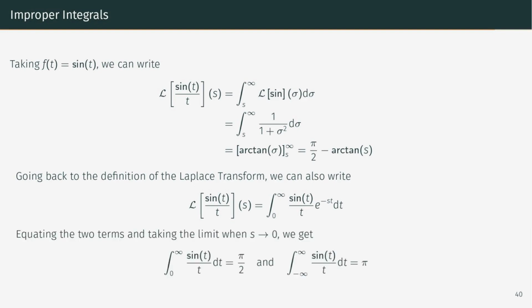Equating the two terms and taking the limit when s goes to 0, we see that the integral of the sine of t over t dt from 0 to infinity equals pi over 2, and that the integral of the sine of t over t dt from negative infinity to infinity equals pi.